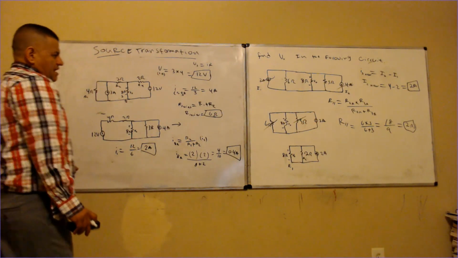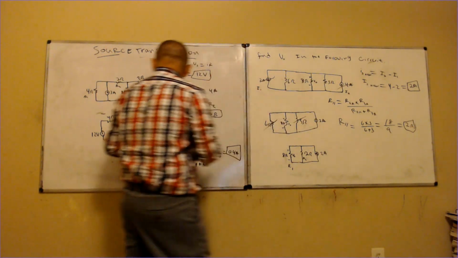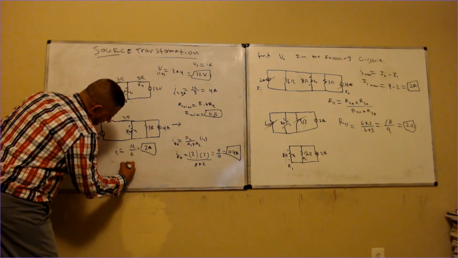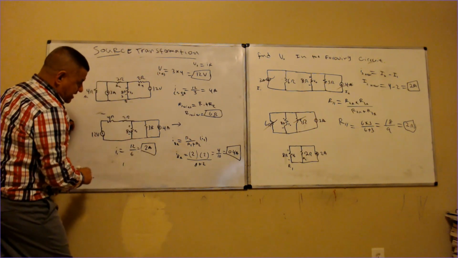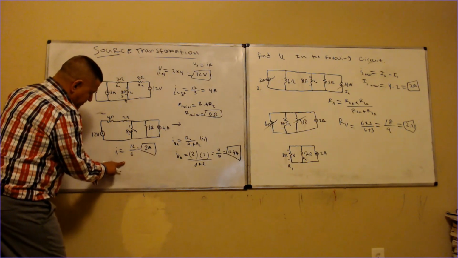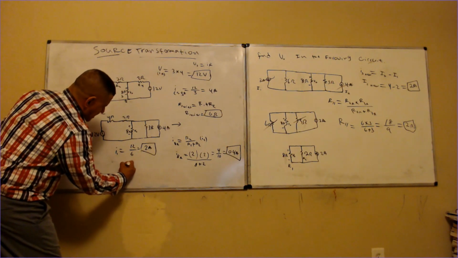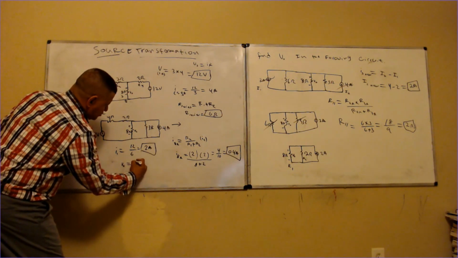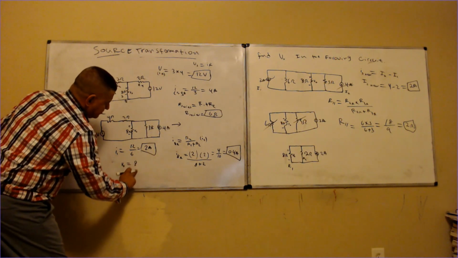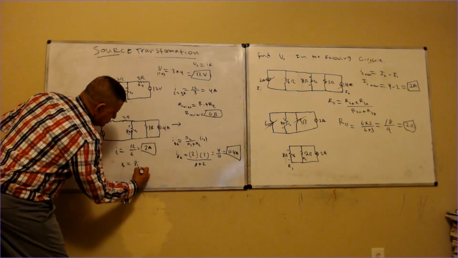So now I am looking for this voltage, right? By Ohm's law, we have the resistance, this 8 ohms, so we can say that V naught is equal to I times R at 8 ohms.